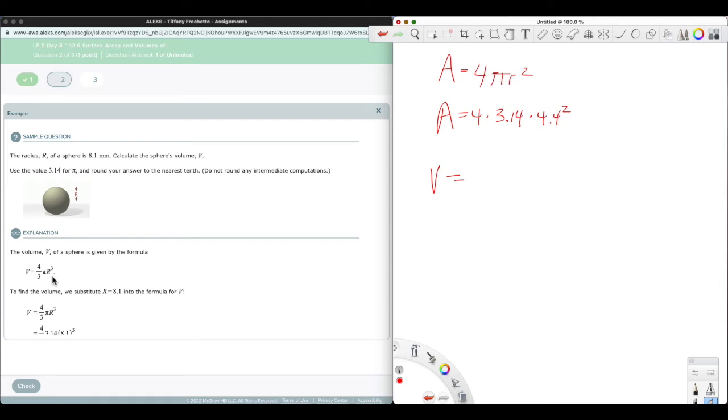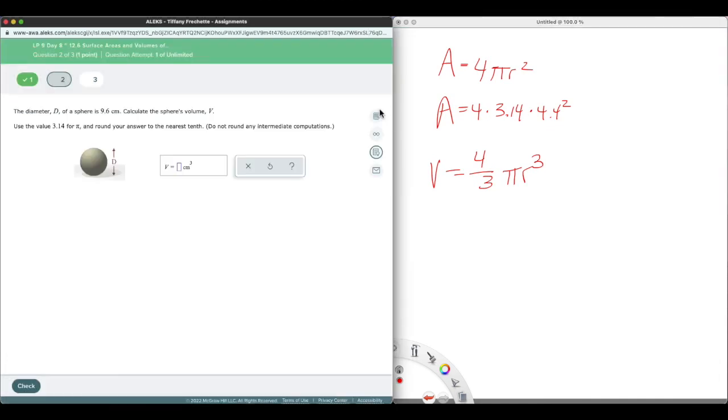So we have 4/3 pi r cubed. We're actually cubing r, the radius. We're not going to square it this time. We're going to cube it. And this means we're multiplying by 4 and dividing by 3. So there's a little bit more to that one than just saying it's 1/3 of the whole shape.